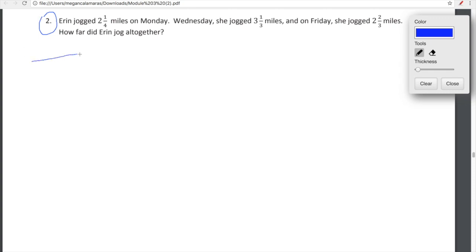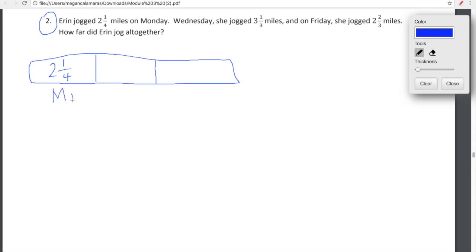Let's zip all of the information that we're given into a diagram, tape diagram that is. And let's pretend that this is a perfect rectangle. This rectangle is not proportional, nor is it really a rectangle because we have this mysterious hump here in the center. So we have 2 1/4 on Monday.